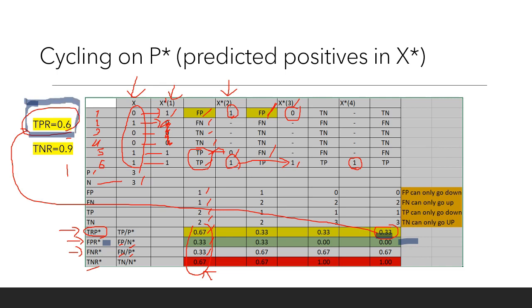So in summary, what happens is that if we keep testing the positives, the false positives can go only down, the false negatives can go only up, so we'll do worse in the false negatives. The true positives can only go down, we'll also do worse, and the true negatives can only go up.